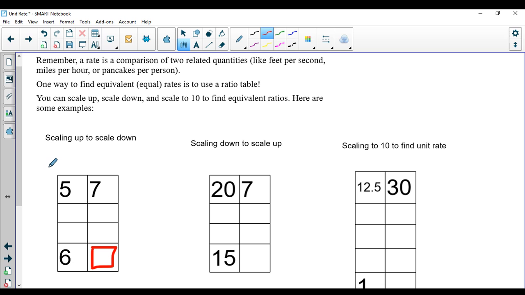Now there isn't an easy way to get from 5 to 6, but I know that 5 and 6 are both multiples of 30. So I'm going to multiply 5 by 6 to get 30.